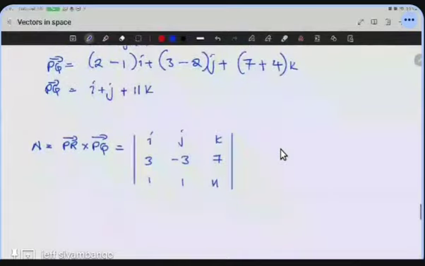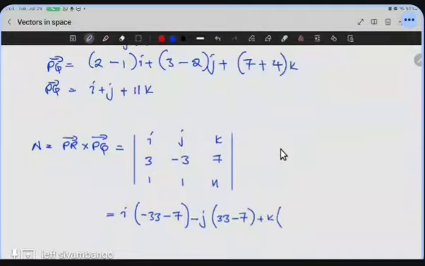From here, when we get i, we have minus 3 by 11, which is minus 33, minus 1 and 7, 7. When we get j, we'll have 3 and 11, which will be 33, minus, then we'll have 1 and 7, which will still be 7. When we get k, we have 3 and 1, which will be 3, minus 3 and minus 3 and 1, minus minus 3, making this plus.